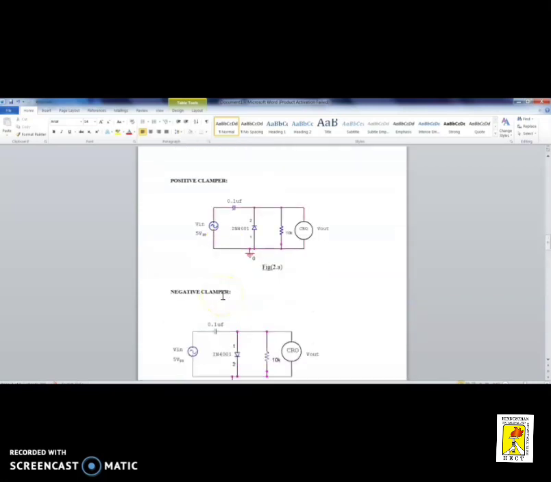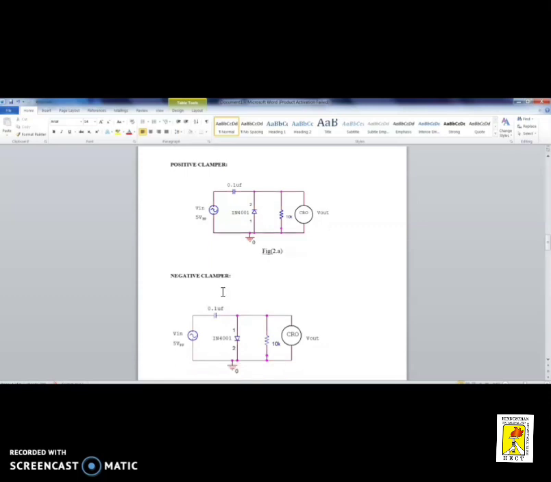A clamper is a circuit which shifts the positive or negative peak of a signal to a desired DC level. A clamper essentially adds a DC component to the signal.